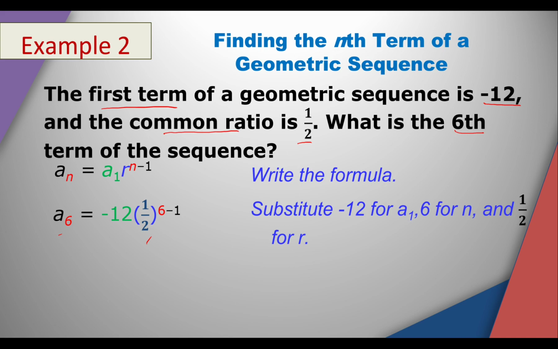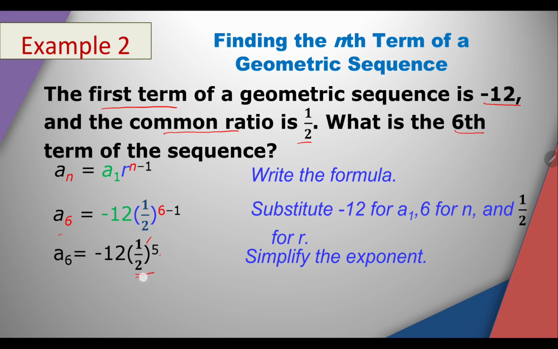And again, what is the first to simplify? Simplify the exponent, which is 6 minus 1. And what is 6 minus 1? You have there 5. Then, after simplifying the exponent, you now simplify the exponential expression 1/2 raised to 5.